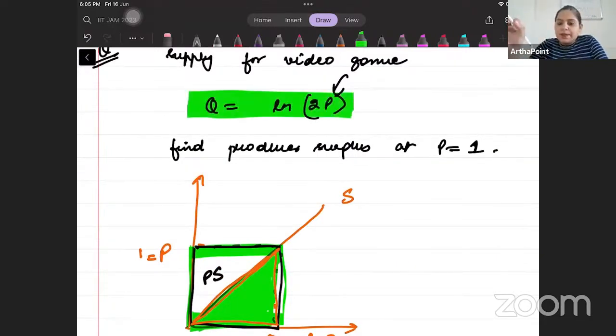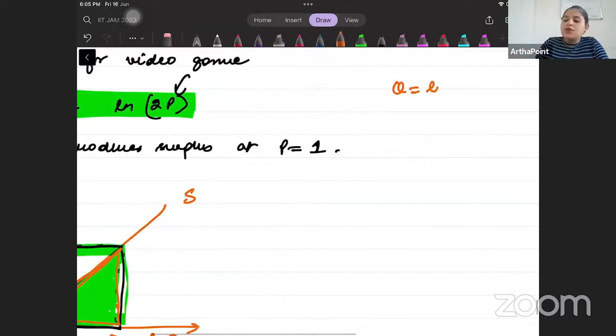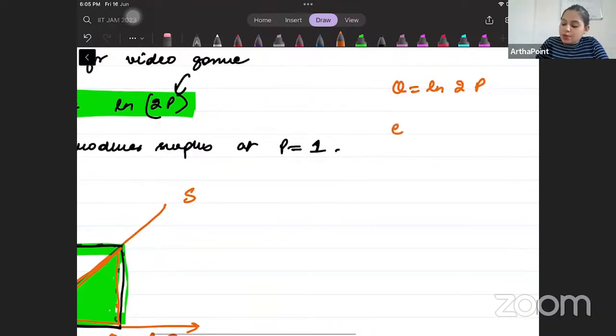But bachche, I will always integrate with respect to Q. So I must rewrite this such that it is in terms of Q. So how will I do that? Beta, if Q is ln 2p, then you can take it to the power e on both sides.